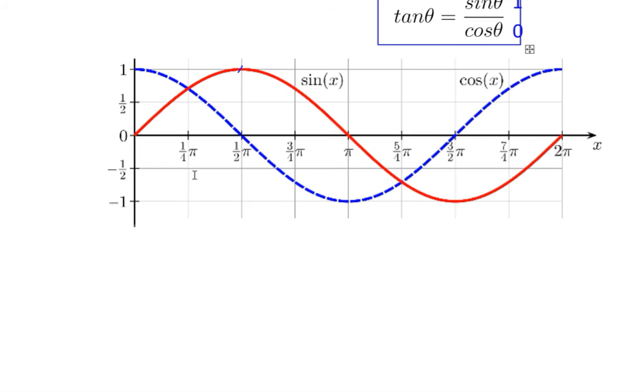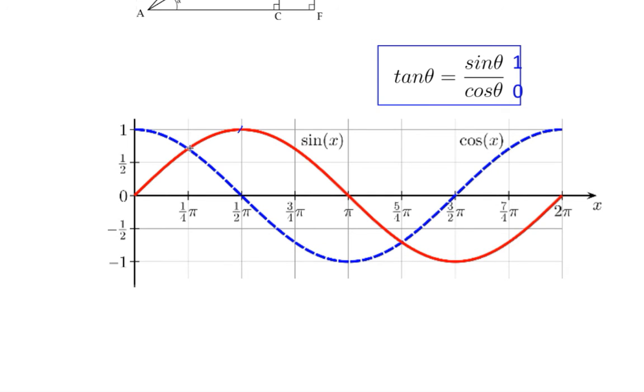Another thing to be aware of is this situation here. Let's look at this one with tan theta. What is this? This is 1/4 pi, so 45 degrees. Sine 45 is root 2 over 2, and that's about 0.7, so 1.4 divided by 2. And cos 45 is the same, it's root 2 over 2, which is why they're both overlapping at this point.